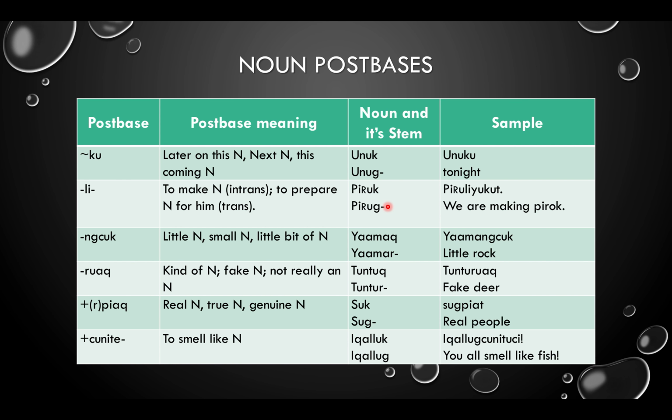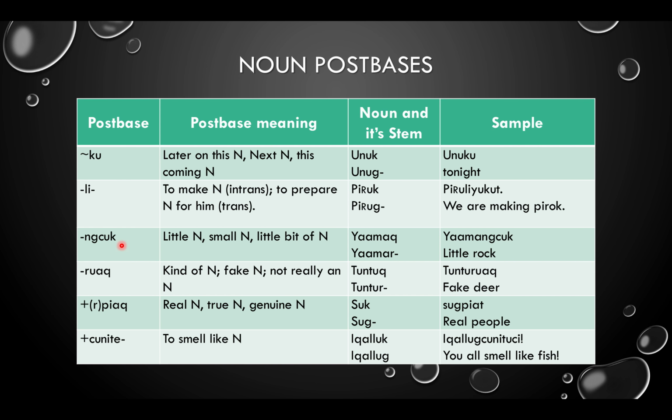The noun stem ends in a G. Now, li is a minus postbase. So we are going to drop the consonant. We're dropping the last consonant on that noun stem. So it's just going to be piruliugut or piruliyuk, and that means we are making pirak.